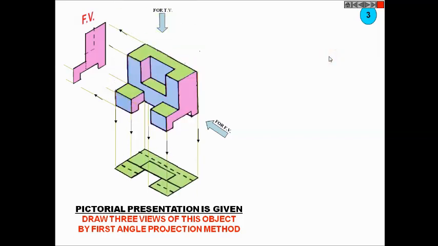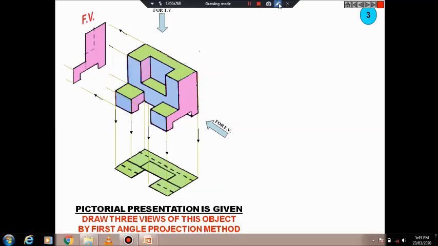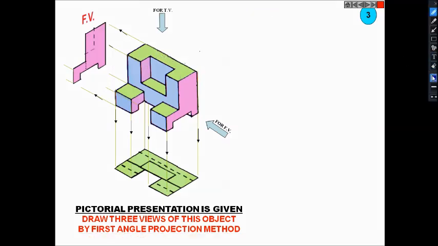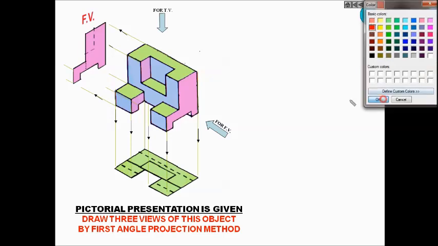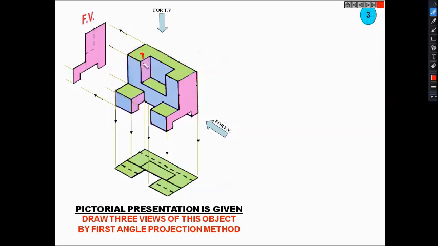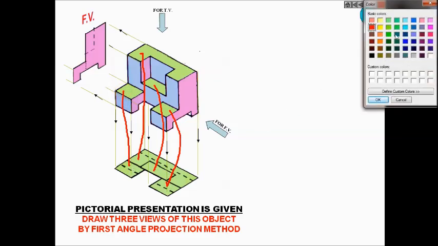Let's see the top view. As I said, this particular portion is visible to the observer directly. So this portion right here, then the rectangle right here, these two small rectangles right here, and now I am to show the hidden edges.